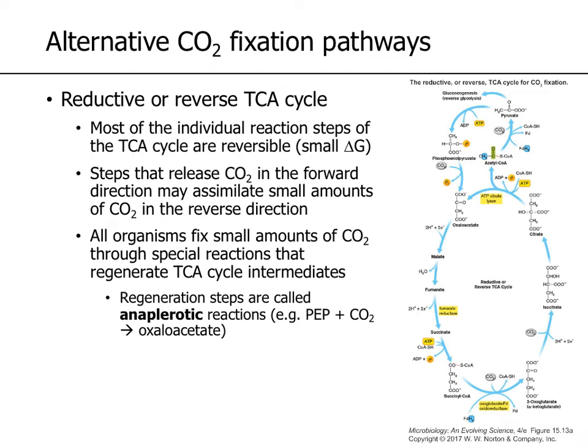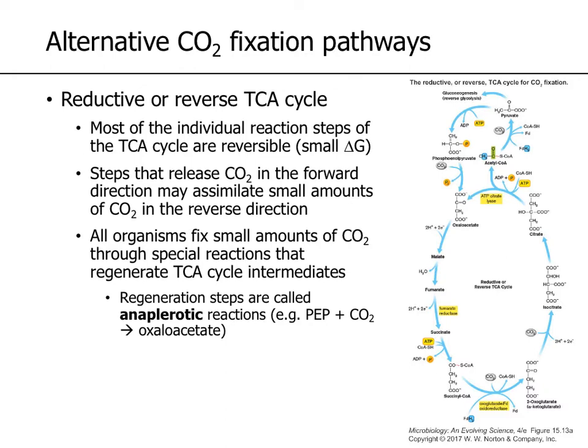All right, so that's kind of the main CO2 fixation pathway, but we'll go through a few alternative ones. So we have the reductive or the reverse TCA cycle. Most of the individual reaction steps of the TCA cycle are reversible, meaning they have small delta Gs. There are steps that release CO2 in the forward direction.